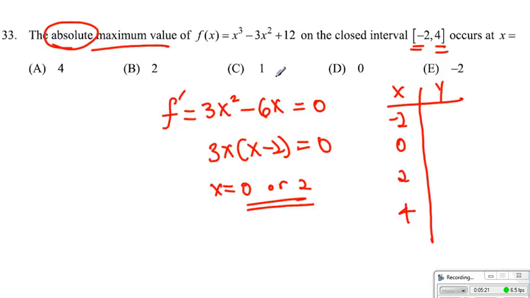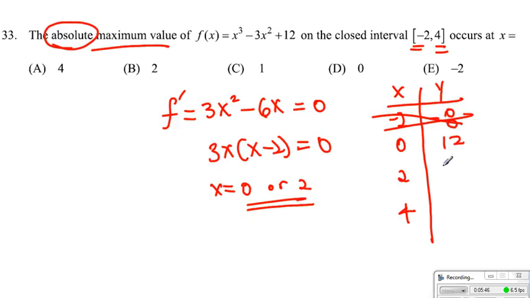Now, of course, when you plug in -2, let's try looking at that. It becomes -8, and then -12, and +12. So it becomes -8. When you plug in 0, it simply becomes 12. So obviously this one is not in. When you plug in 2, it becomes 8, and then this portion becomes -12.